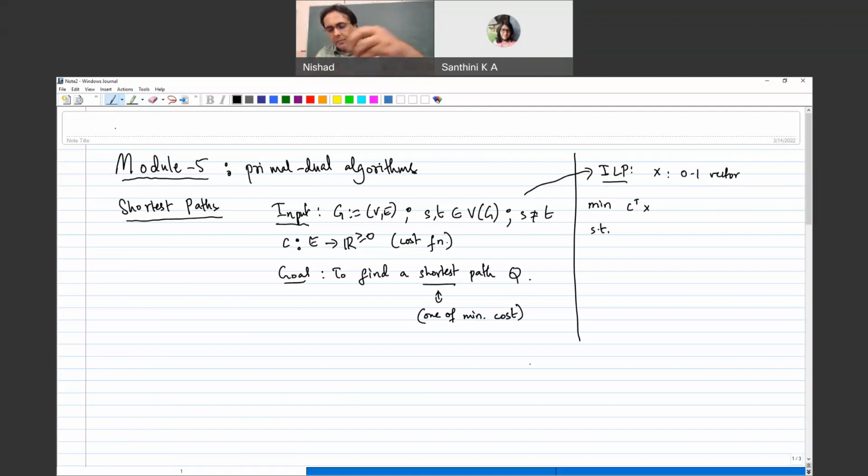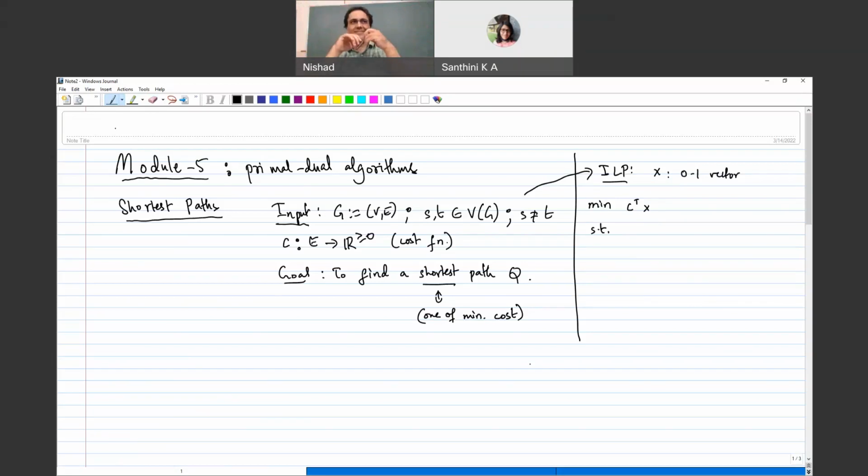And we are subjecting it to the following constraints. So does anyone recall the constraints that we wrote for the shortest ST path problem? So how do we ensure that the selected set of edges is an ST path? S is here, T is here. How do we make sure that the set of edges we have selected is going to be an ST path, or it's at least going to contain an ST path?